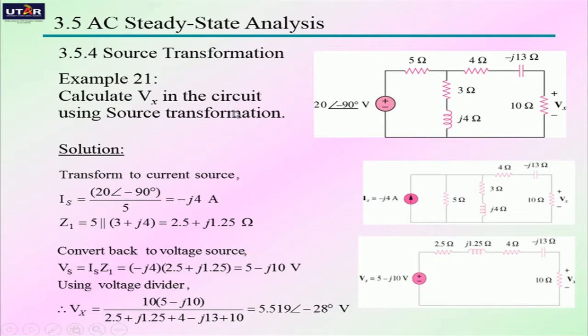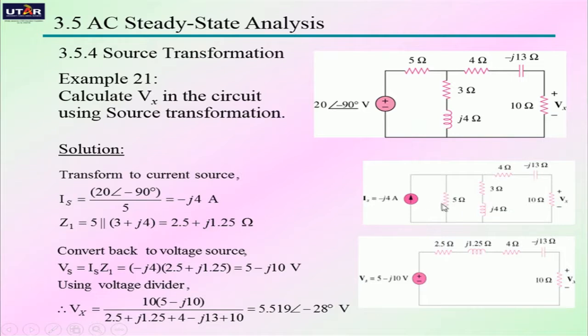Example 21 shows how to perform source transformation. We are changing this circuit, which originally consists of a voltage source, into a current source. By dragging the 5 ohm out and putting it in parallel, we can use Ohm's law to change the voltage source into a current source.